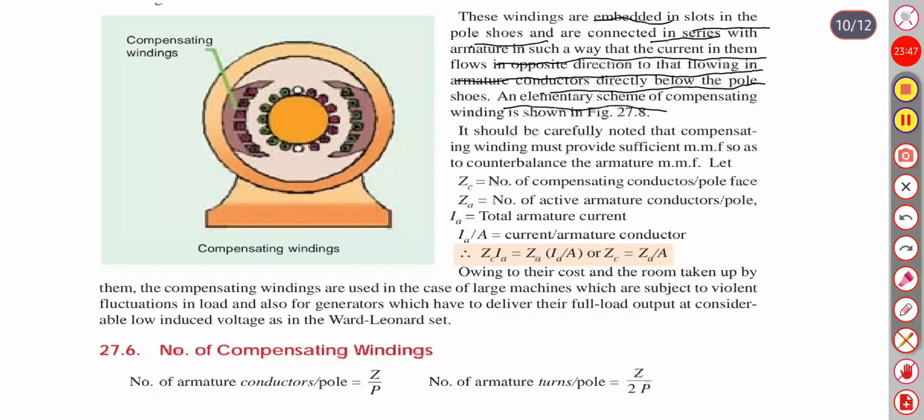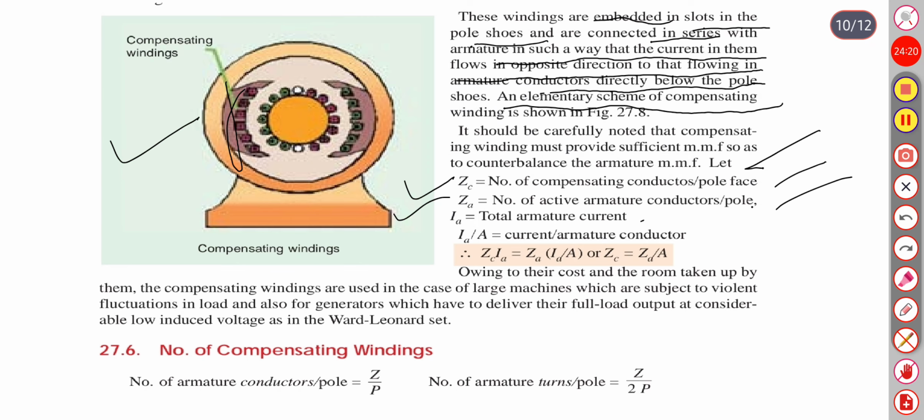An elementary scheme of compensating winding is shown here. So this is the compensating winding. It should be carefully noted that the compensating winding must provide sufficient MMF so as to counterbalance the armature MMF. Let ZC be the number of compensating conductors per pole, ZA the number of active armature conductors per pole, IA the total armature current, IA upon A the current per armature conductor.